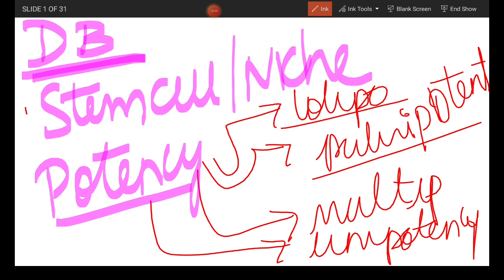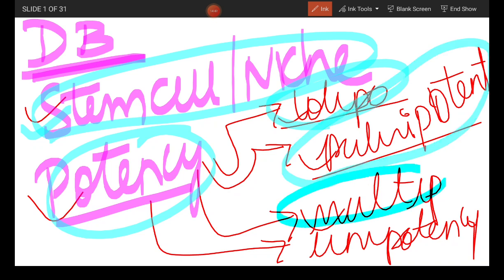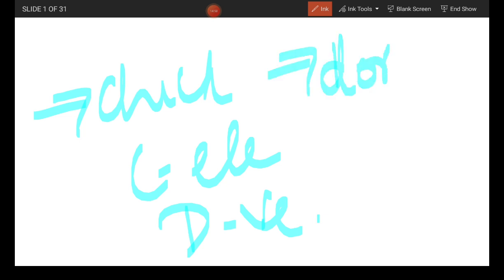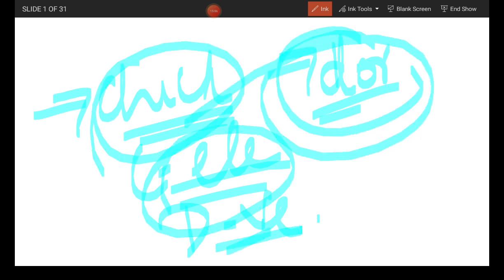I hope all these terminologies are very clear. Understanding these terminologies is very important in moving further in the developmental biology series. Only then will we understand the development of chick, development of C. elegans, dorsal ventral axis patterning, and Drosophila. We will see all these in detail only if we understand the basic terminologies with regard to developmental biology.